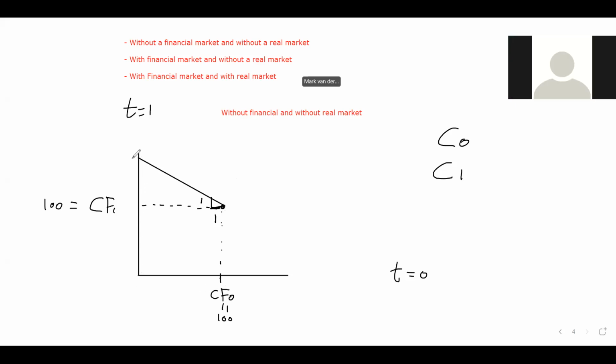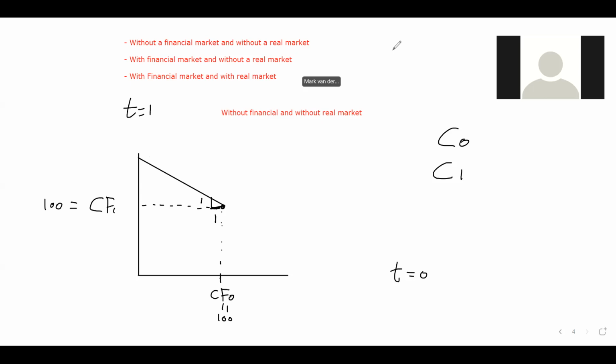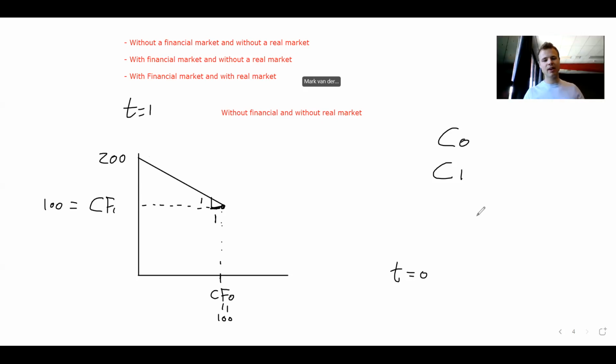How much can I consume next year? What's the maximum amount I can consume? Does anyone have an idea? Yes, very good. 200 euro indeed. Okay, that's the model without a financial market and without a real market.